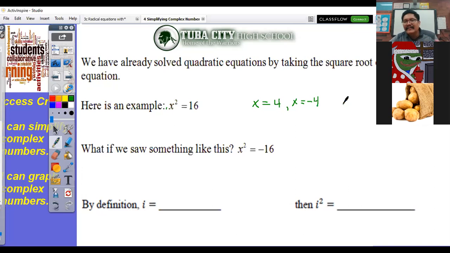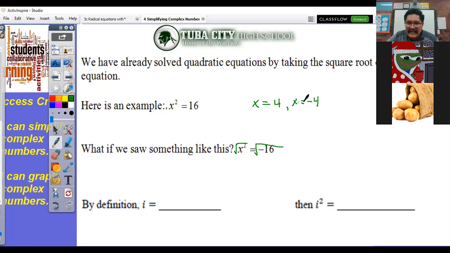It could be -4 because, again, -4 times -4 is positive 16. So you can even square a negative number, but having the result be negative doesn't work out. Because we can't take the root of a negative number, since I cannot pick 2 of the same number to make a negative. If I try 4 times 4, that's positive 16, not negative 16.